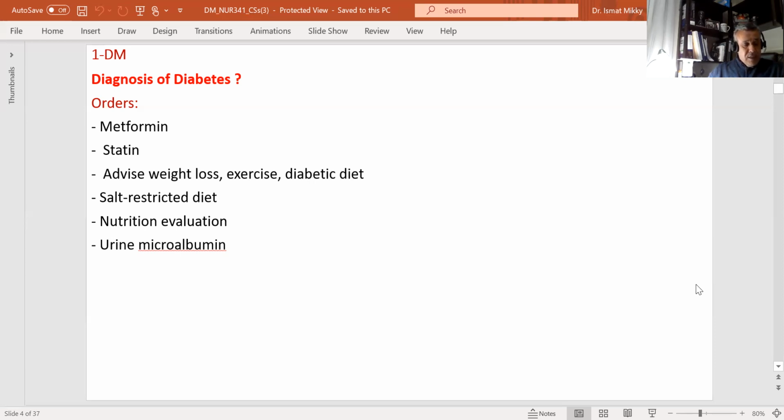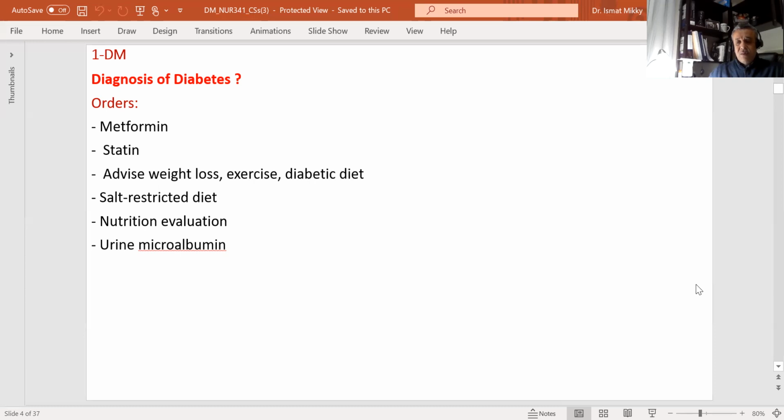Now, in terms of medications, the metformin is the first med, which is the best initial therapy for obesity-related type 2 diabetes, because it will not cause any hypoglycemia and will not increase weight.